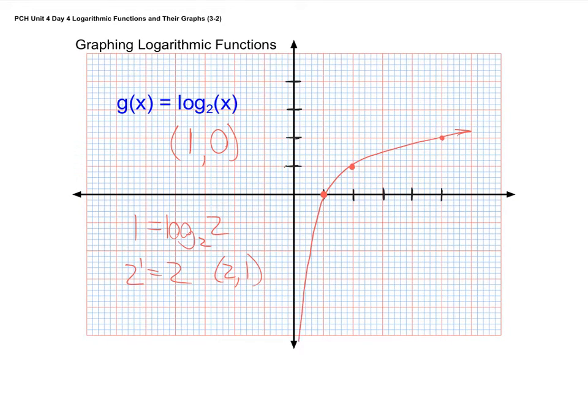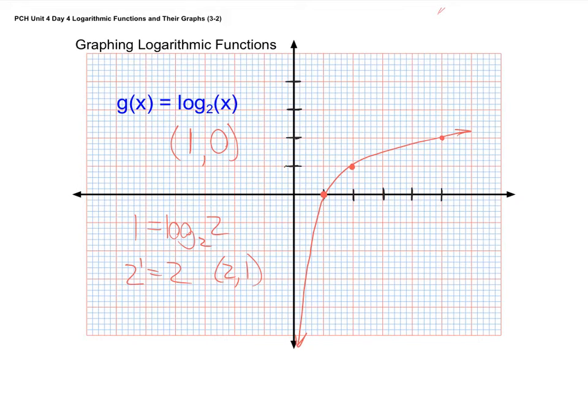All right. And then again we have that asymptote on our y-axis. Any questions? Comments? You're going to kill me, but I still don't understand why these random points. I'm having such trouble grasping this concept. The key to this whole thing is to understand that a logarithm is an exponent.